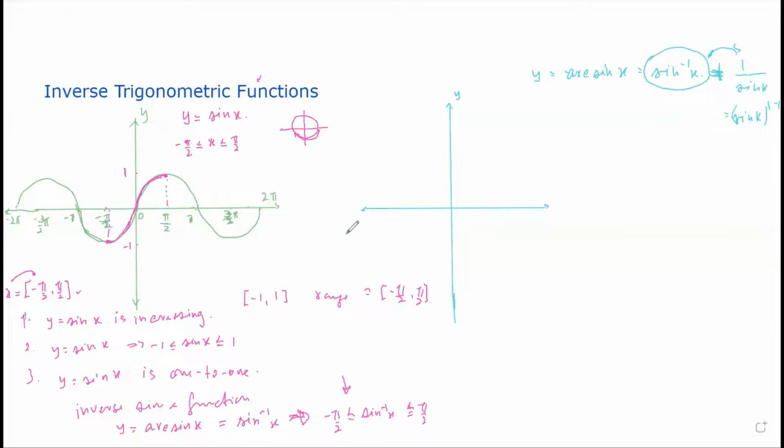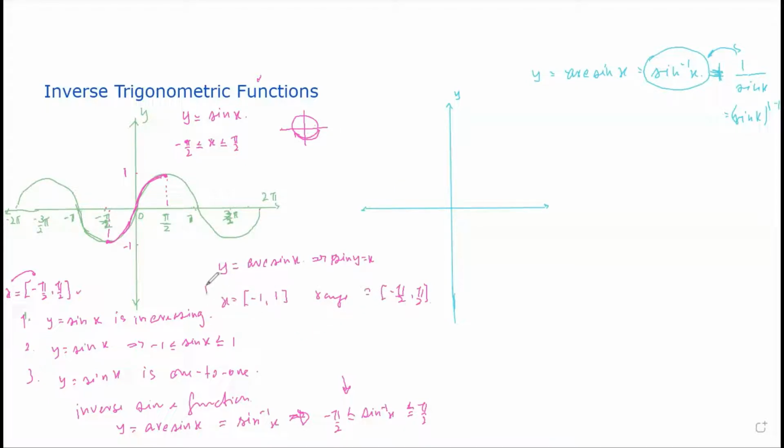So now we come back to the graph for sine x. I will move this. y equals arc sine x, with the restriction, if and only if sine y equals x. Here x is the number and y is the angle.